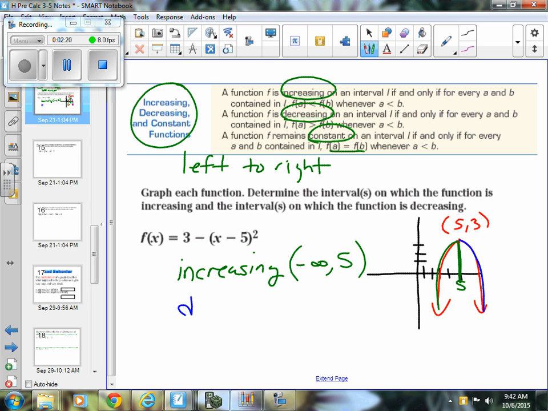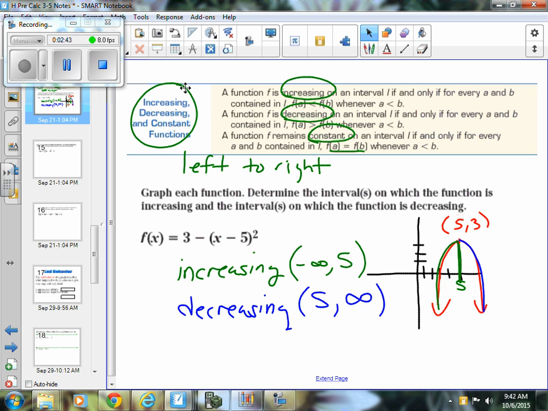So from that point on, it's decreasing. It's decreasing starting at 5 all the way to infinity and beyond, just like Buzz Lightyear. It keeps going forever, and it's going to keep decreasing and decreasing as it goes to the right. So it's increasing from negative infinity to 5, and then it decreases from 5 to infinity.